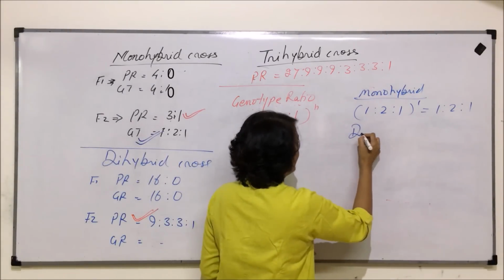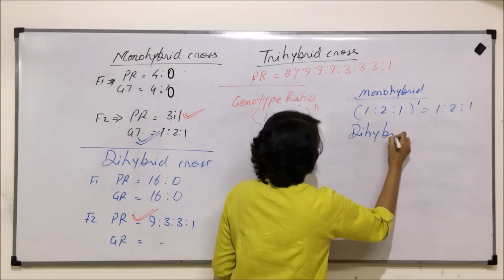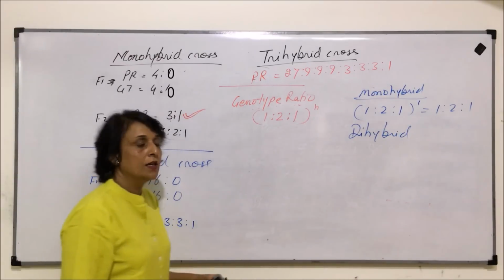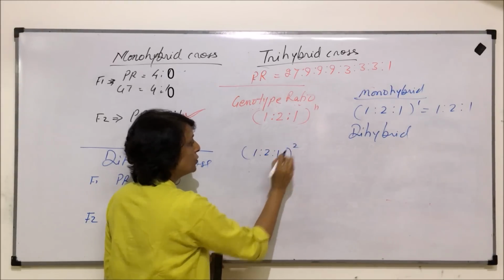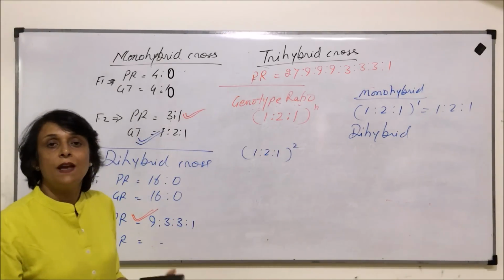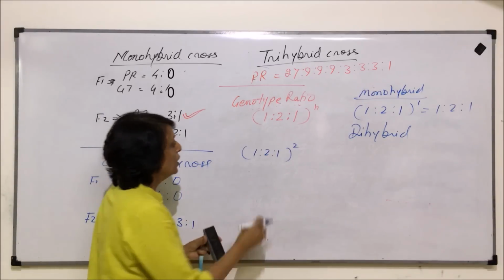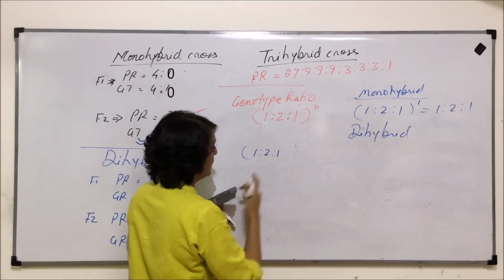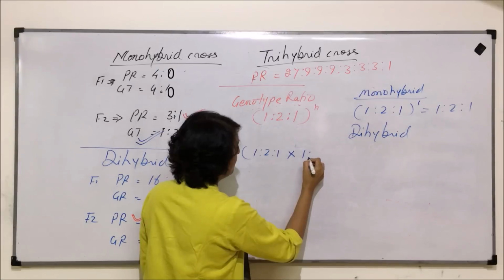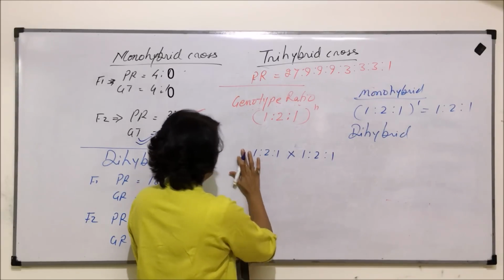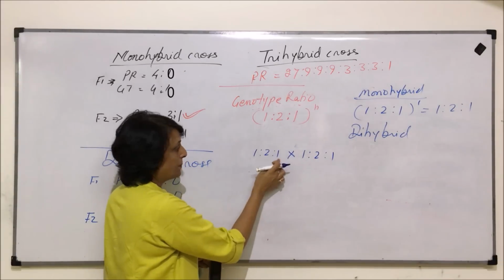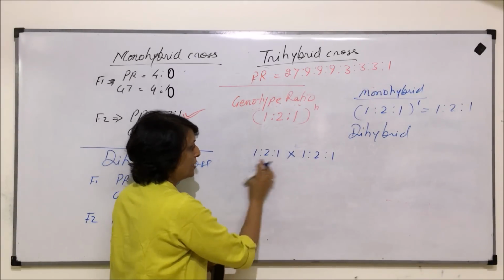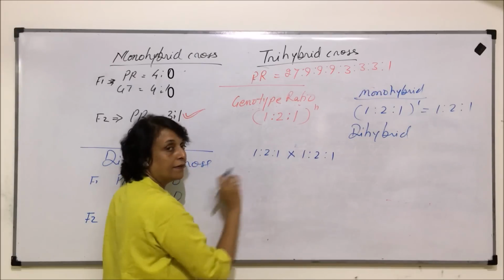Let us talk of a dihybrid cross. In dihybrid cross, same thing. 1 is to 2 is to 1 raised to 2 because now the traits which we have taken into account are 2. This means this multiplied with 1 is to 2 is to 1. So ratio is going to be 1 multiplied with 3 numbers, 2 multiplied with these 3 and 1 multiplied with all these.